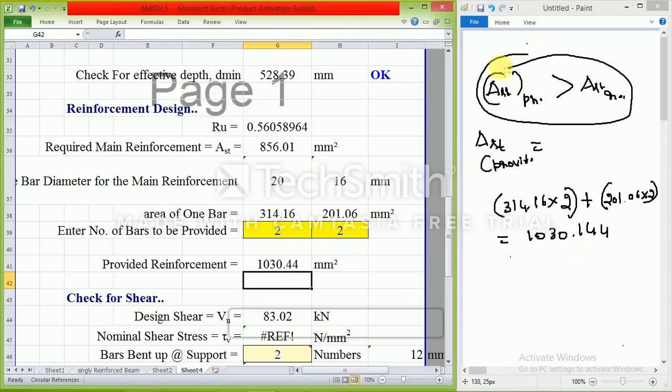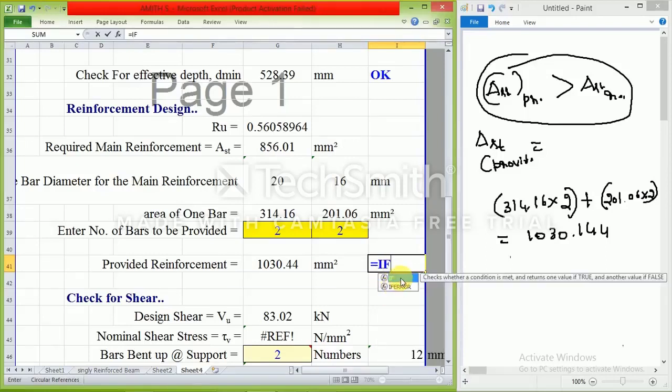Now I am going to apply the condition, the same way we applied it while calculating the effective depth.